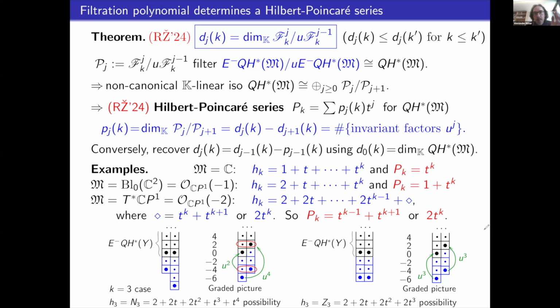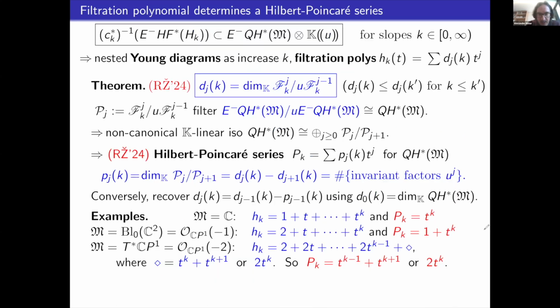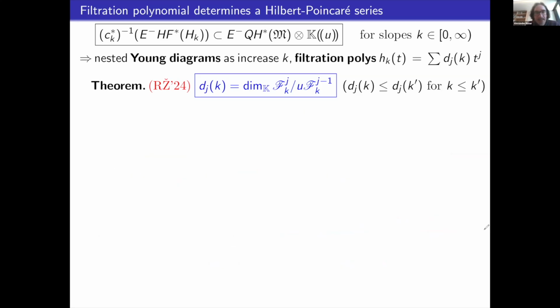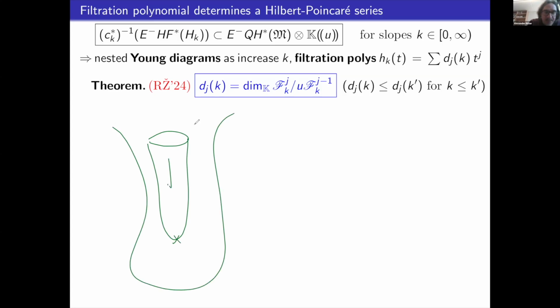And so what we're counting is, let me see if I can go back. Maybe I can draw it here. We had this picture at the beginning where we're counting these Floer disks.